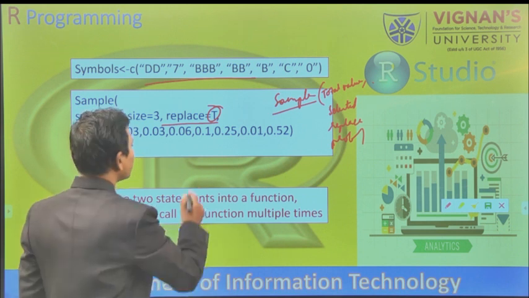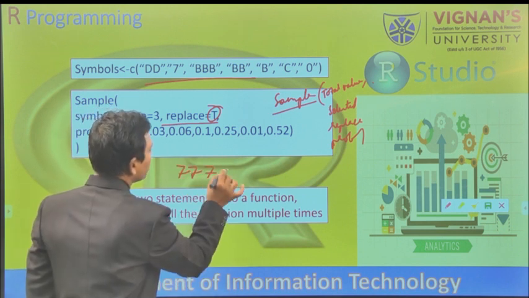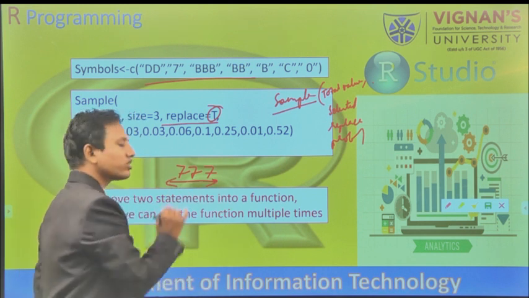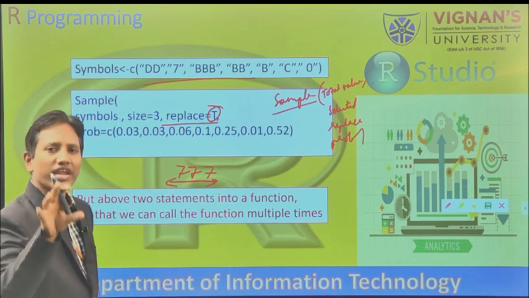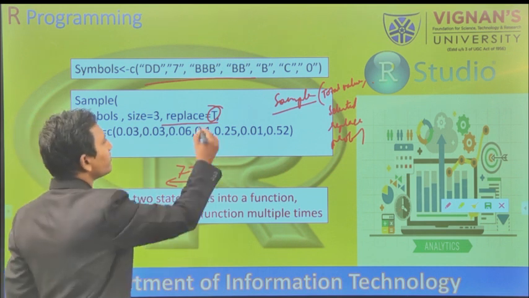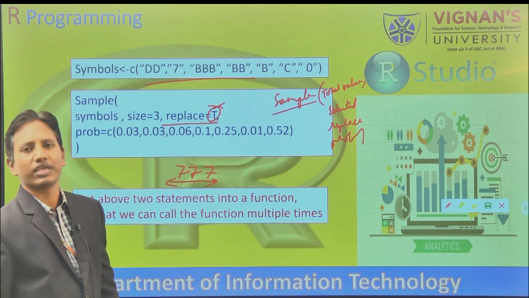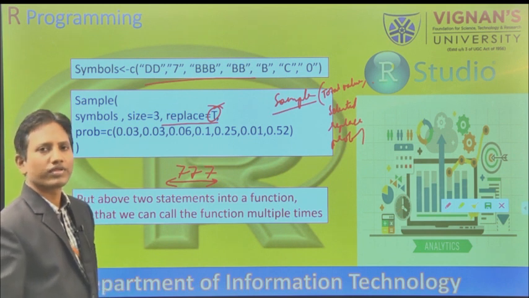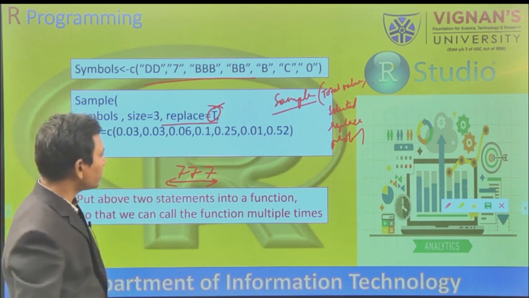For example, 777. These are the 3 symbols generated by this sample function, and this is possible because of this replace equal to true. So what does it mean?